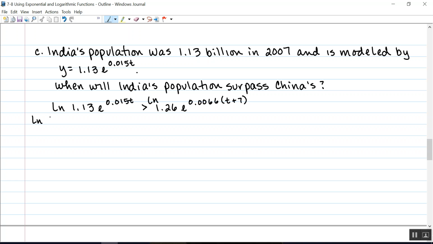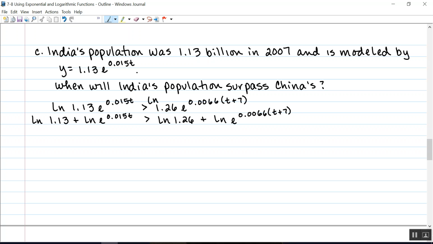So that's going to be the natural log of 1.13 plus the natural log of e to the 0.015t is greater than the natural log of 1.26 plus the natural log of e to the 0.0066 times t plus 7. I'll deal with that distribution in a little bit. We'll just leave it like that for now.